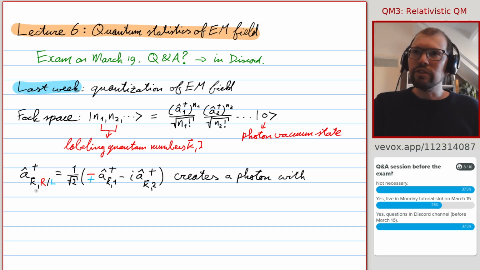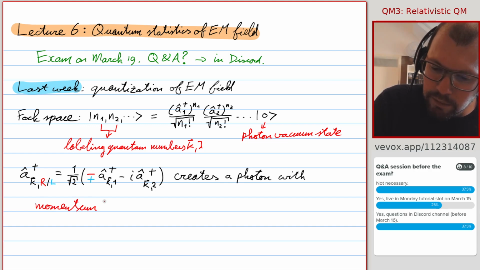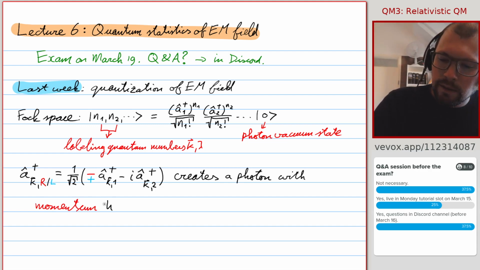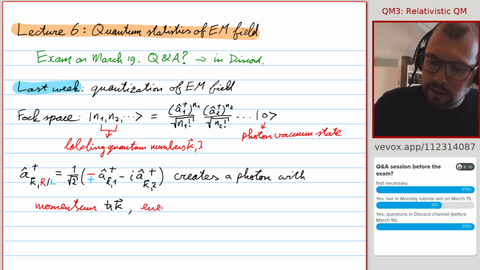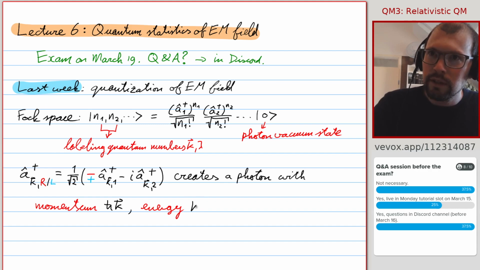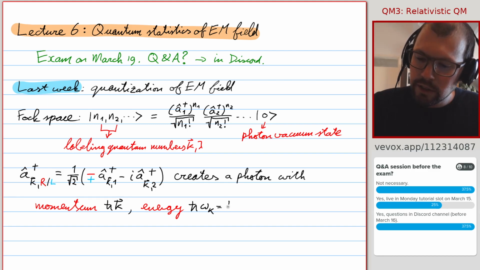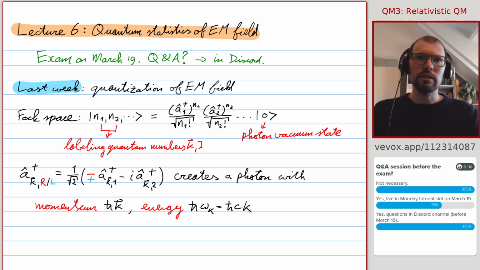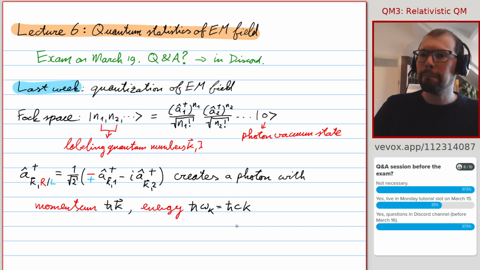So this operator creates a photon with, let's recall, a momentum h bar k, energy h bar omega k, and what was omega k again? Since these are massless particles, it's just proportional to the magnitude of the momentum, so h bar c k.